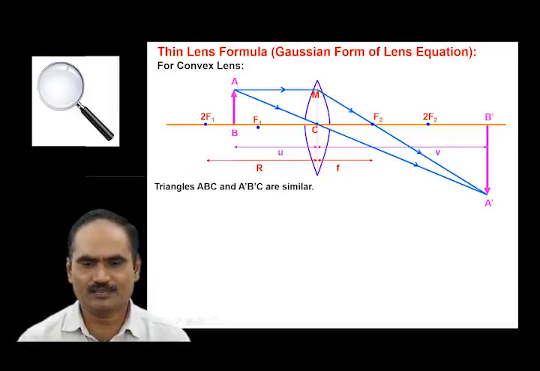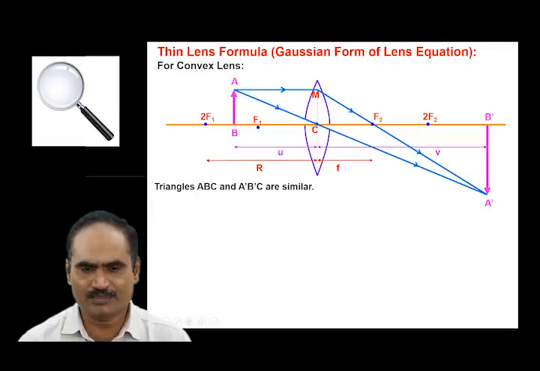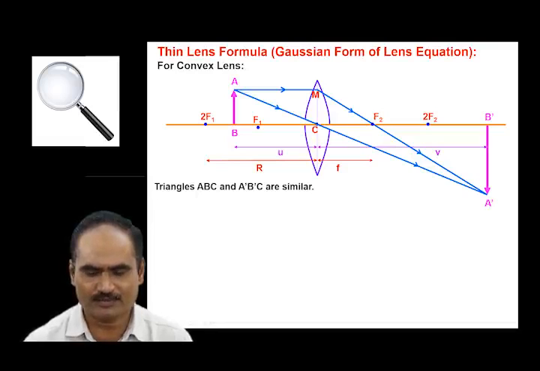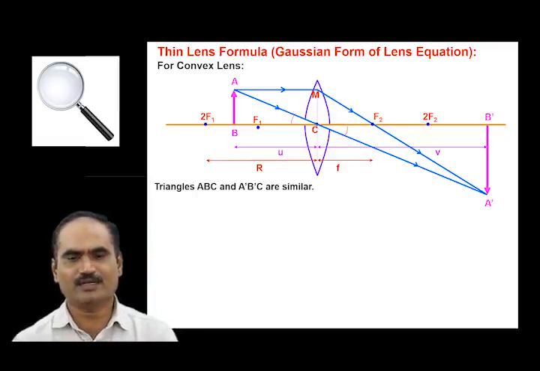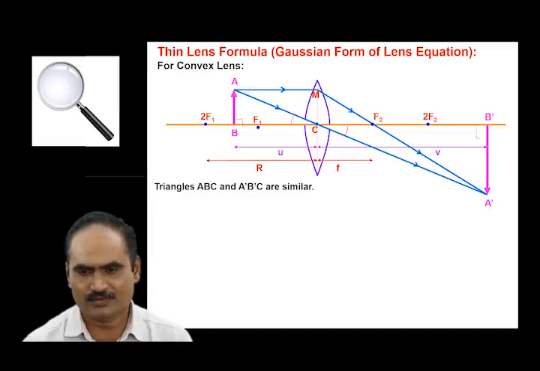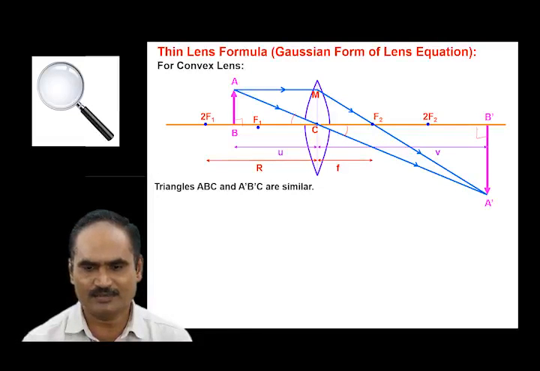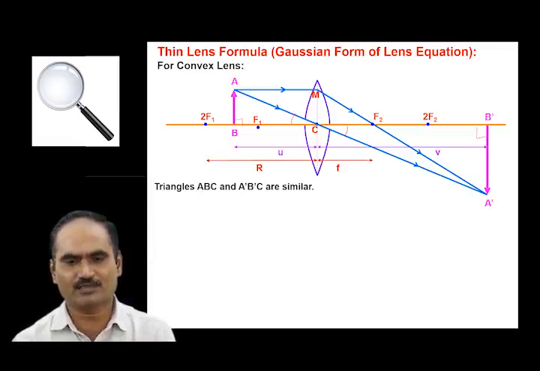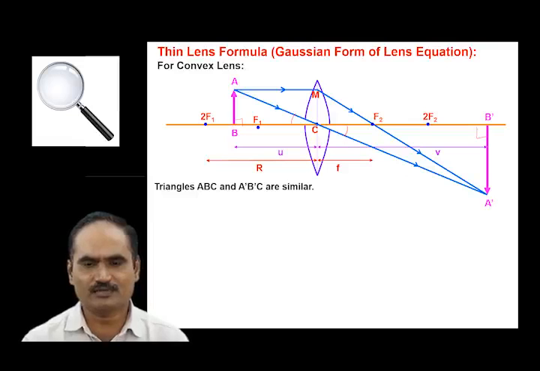And one thing is that let us consider that R1 and R2 are the same here. Now let us see here, consider triangle ABC and A dash B dash C. Here you can see that these two angles are equal because they are vertically opposite angles, and these two angles are also equal, that is in ABC and A dash B dash C. So since two corresponding angles of these two triangles are equal, obviously the third angle is also equal, and otherwise also these two triangles are similar.